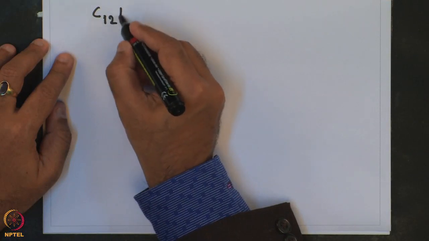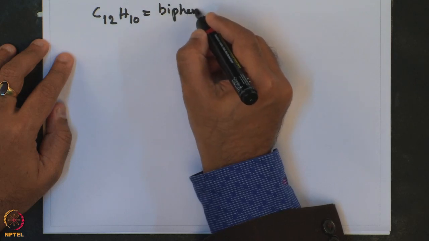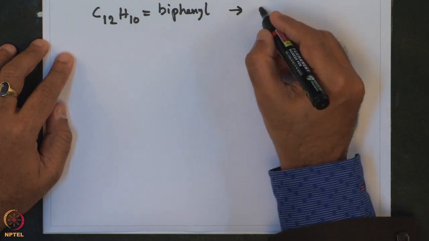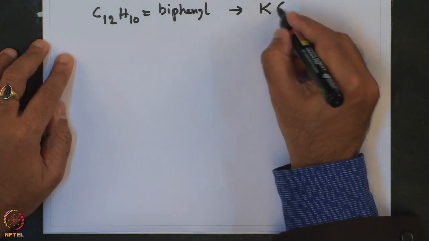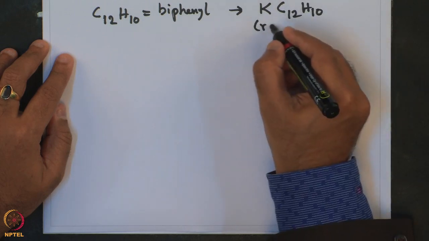We are going to look at another such example that involves a radical anion, and this one is with biphenyl or C12H10. So, C12H10 is biphenyl and its radical anion is potassium C12H10 radical anion.